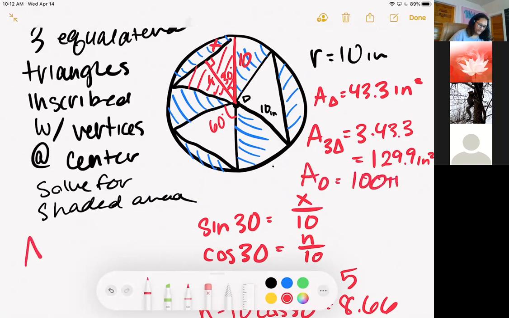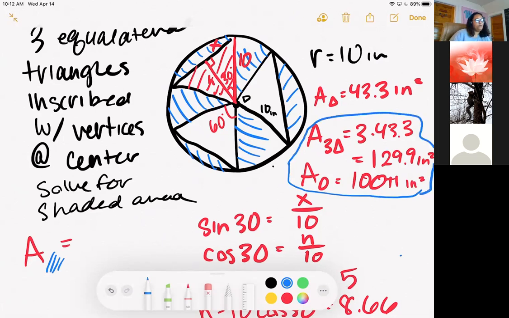So the area of the shaded region is what? Is it like 184.26 inches square?